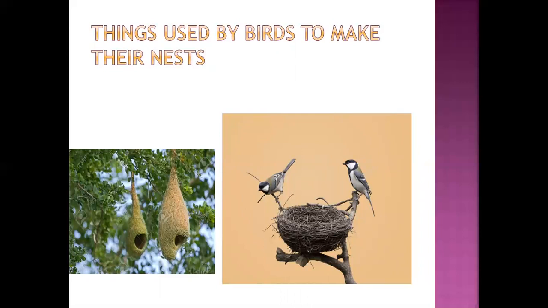Birds use cotton, twigs, thread, maybe soft pieces of wool. All these the birds use to make their nest, and in that they lay eggs. All these things again they get from the environment.